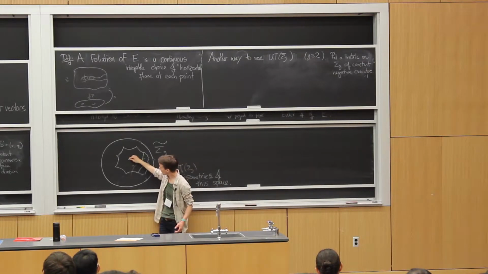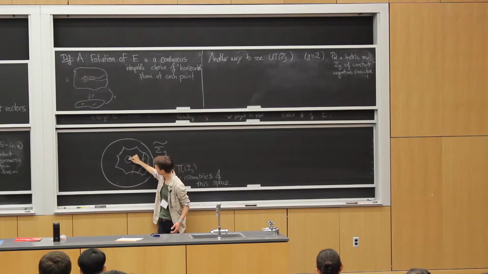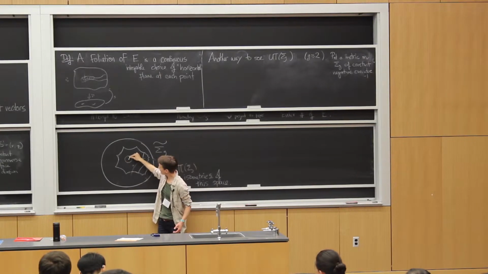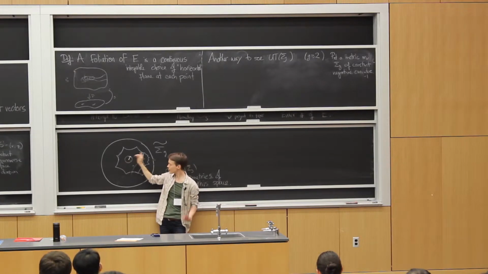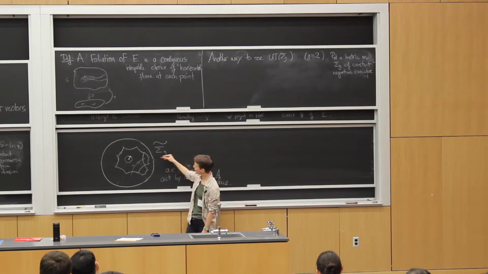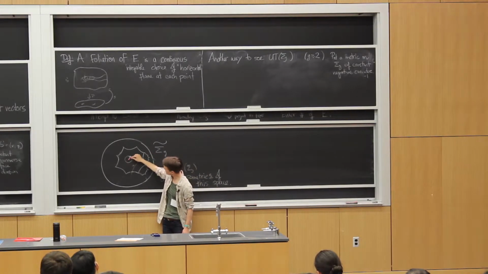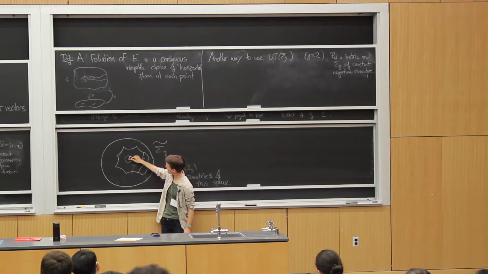So of course, at every point, I have a circle of tangent vectors. But the problem is I have a different circle at every point. But there's a way to map this all onto the same circle. We can define an endpoint map: take the geodesic that has this tangent to it, follow it in whatever direction it goes.